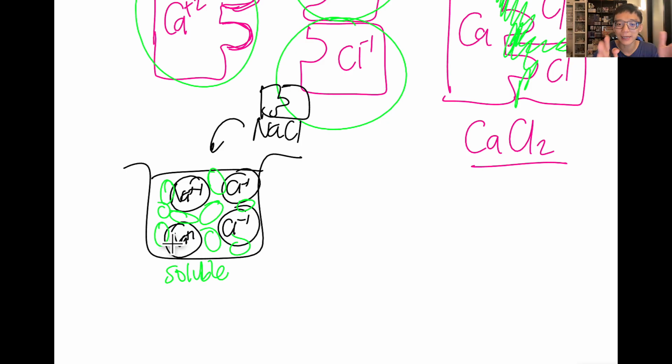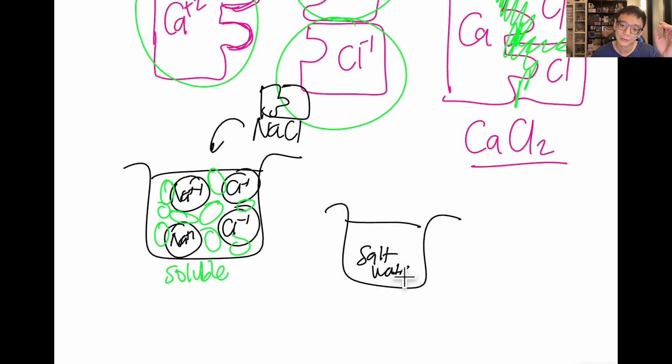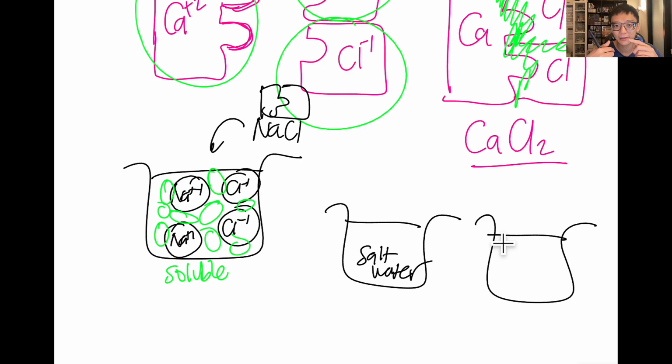So let's say that sodium chloride, as you can see, is actually colorless, right? If you compare salt water and drinking water, you would have a very difficult time differentiating them by color.